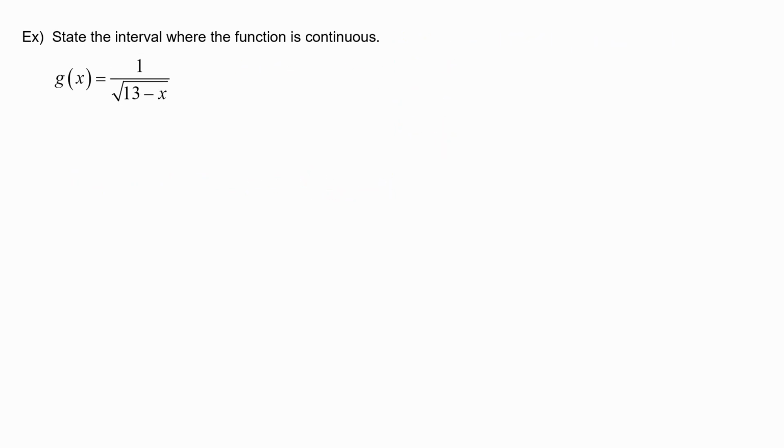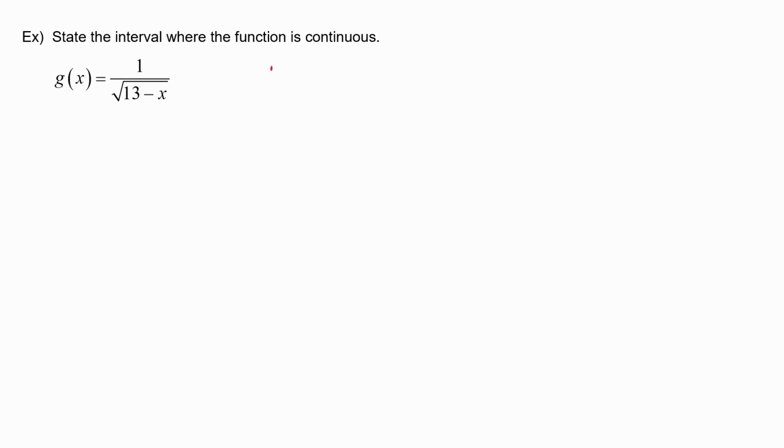In this example, state the interval where the function is continuous. We are given g of x is equal to 1 over the square root of the quantity 13 minus x. We know that radical functions are continuous on their domains, and so are rational functions.